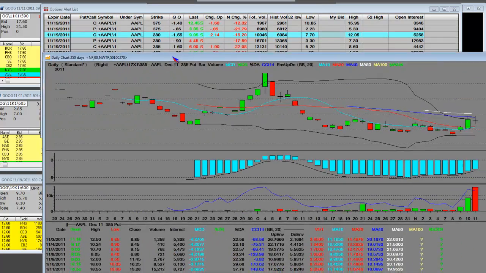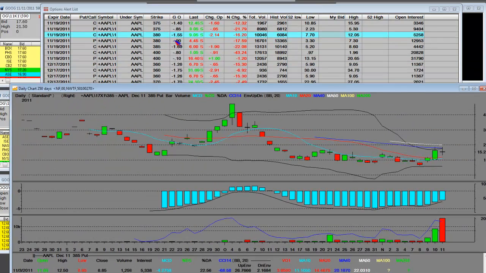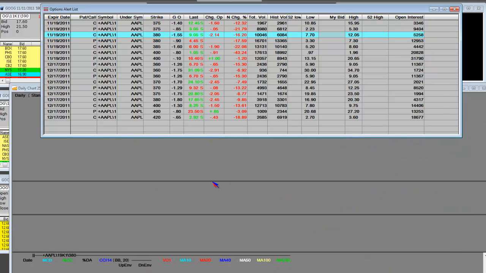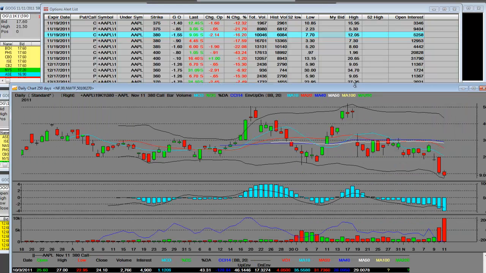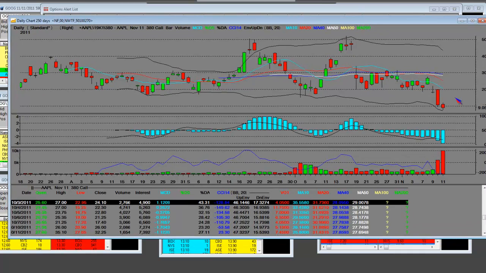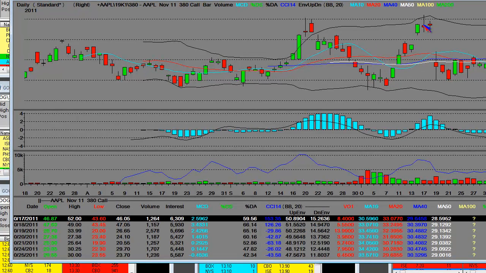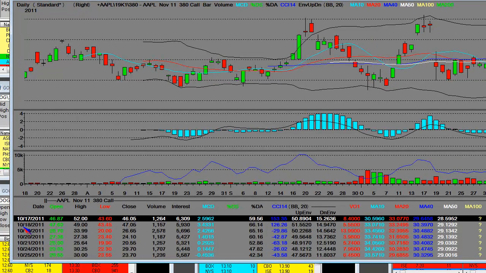What I'm going to do here is take a look at that 380 call that will expire on 11/19 next week on the monthly. Here's what we're going to do. And we know that when we put in the daily call, this daily call was up here at $50 back on, and I can give you the date, 10/17.